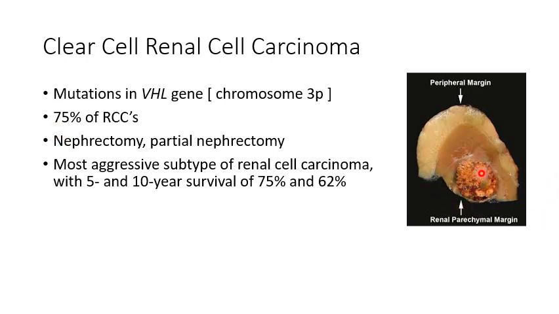But for small tumours, there's now a vogue to do a renal conserving therapy and to do partial nephrectomies, just removing part of the kidney and the tumour. This is, as I say, the most common type of renal cancer, but it's also the most aggressive, unfortunately. And the 10-year survival figures are still not particularly flash for this type of tumour.